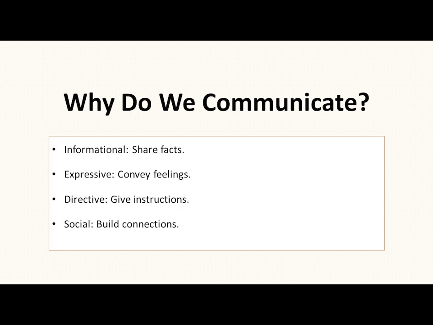So understanding these functions helps you see that communication is not just about talking for the sake of talking. It serves specific purposes. Whether you are sharing information, expressing yourself, giving directions, or connecting with others socially and emotionally, communication plays a very important role here.